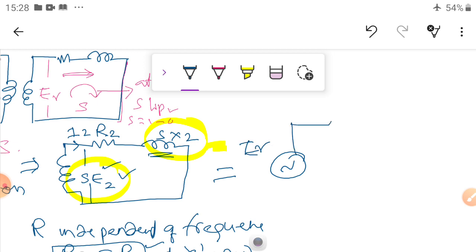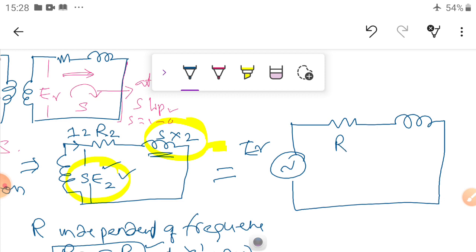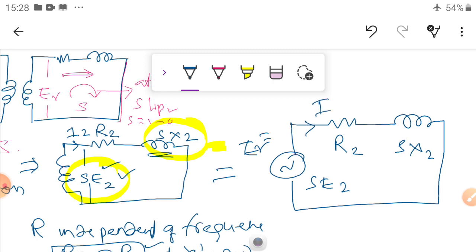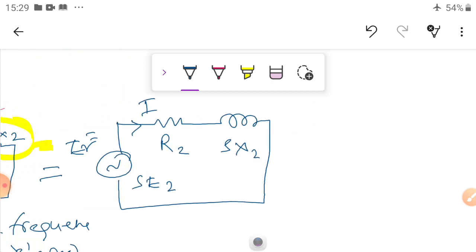Now it is going to the resistance R2, then it is going to the inductance S X2. And ER is equal to S into E2. Now I want to know the current. I is equal to voltage by impedance.